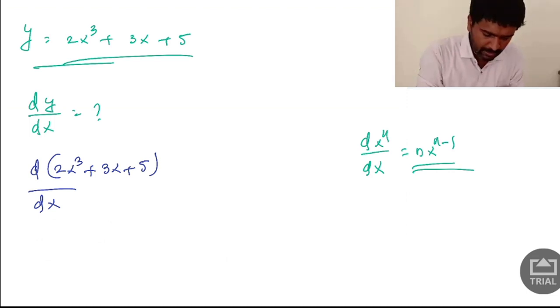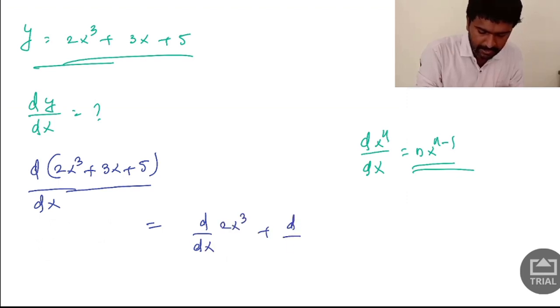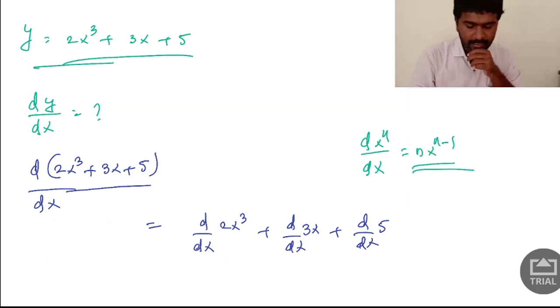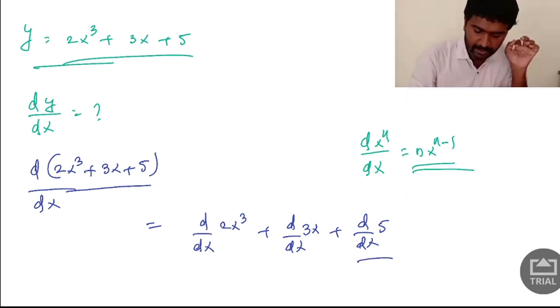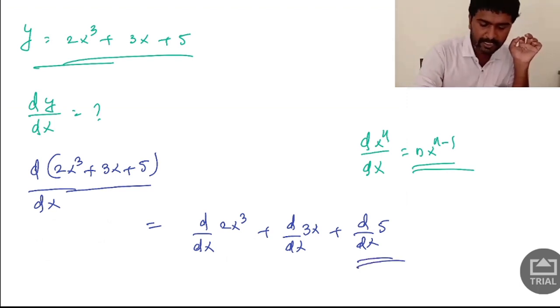So you can break this like d by dx of 2x power 3 plus d by dx of 3x plus d by dx of 5. Then d by dx of 5 is 0 because 5 is constant.